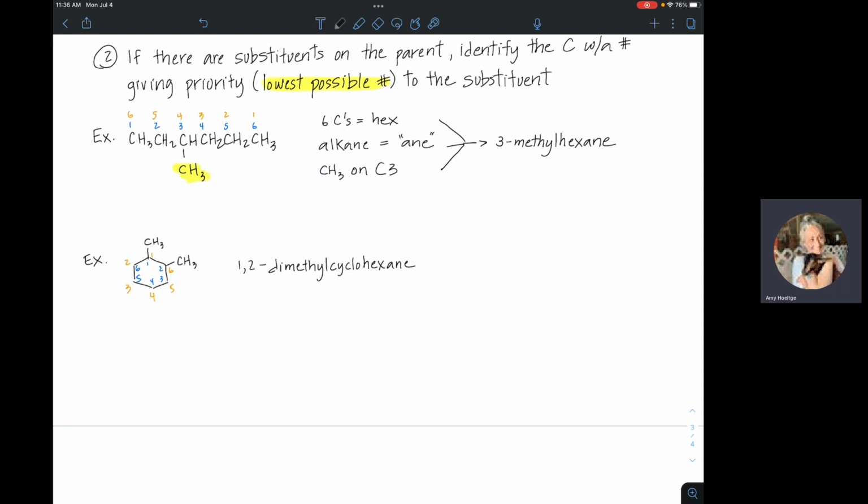So let's dissect this a little bit. We have an alkane, that's the suffix. It has 6 carbons. It's a ring. It has 2 methyl groups.